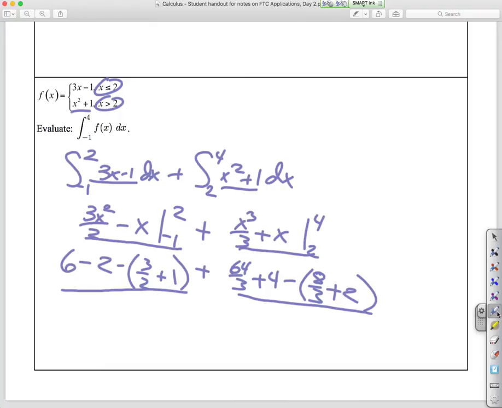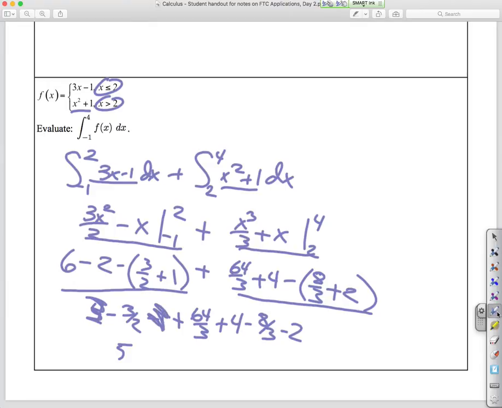Now I put my like terms together. So 6 minus 2 is 4, minus 3 halves, minus 1, plus 64 over 3, plus 4, minus 8 thirds, minus 2. Alright, so 4 and the -1 is 3, 3 and 4 is 7, 7 and -2 gives me 5.